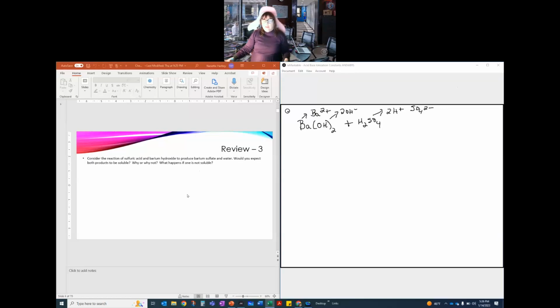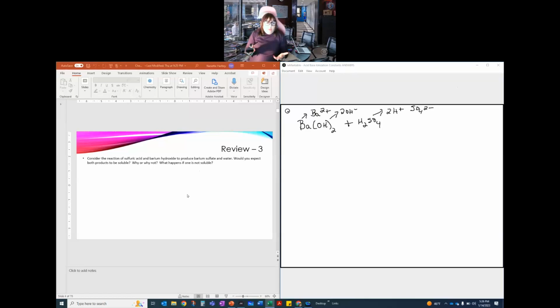If I knew my solubility rules, then I would be able to see that most sulfates are soluble, but barium is one of the exceptions to that rule. Now, you will have the solubility rules that are in the exam handouts available to you on the exams. I encourage you to work with them when you're doing homework. But that means that the barium sulfate that is produced is insoluble.